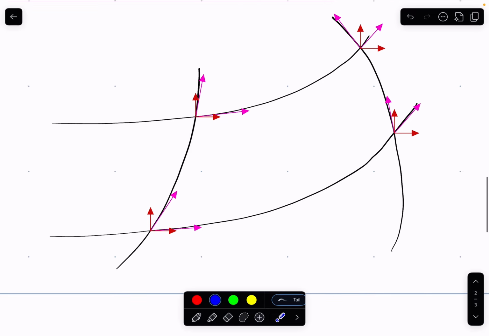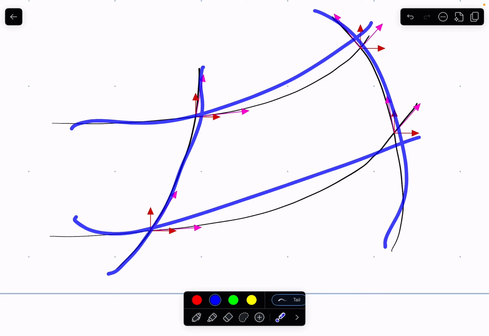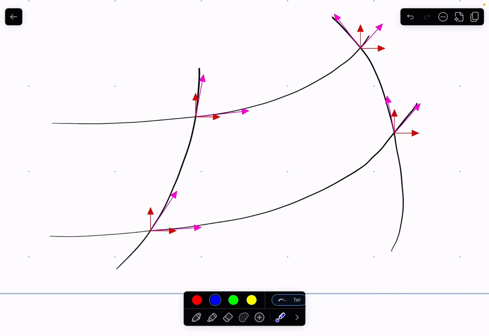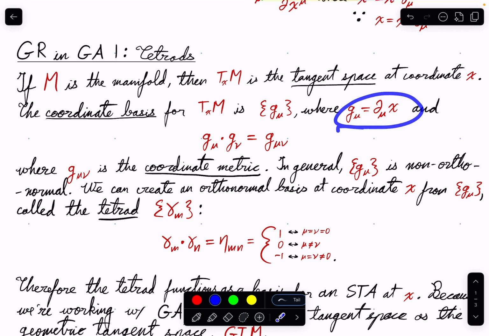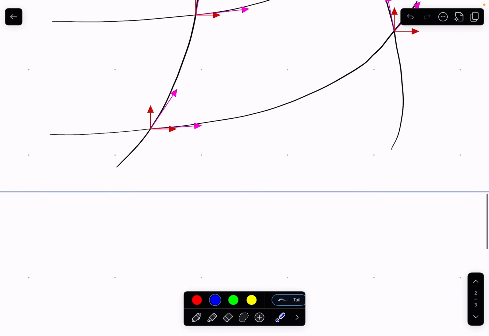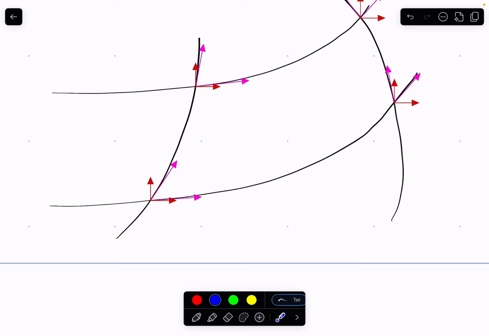So how does this look geometrically? Well, this is what it looks like. The curves here, this is the manifold, and the coordinates are just points here. These are different coordinates. If we look at the coordinate basis, recall that it is defined as the derivative in the mu direction of x. So if we look at the derivative of this here, then we end up getting this direction here, and likewise, we get the pink for all the others.